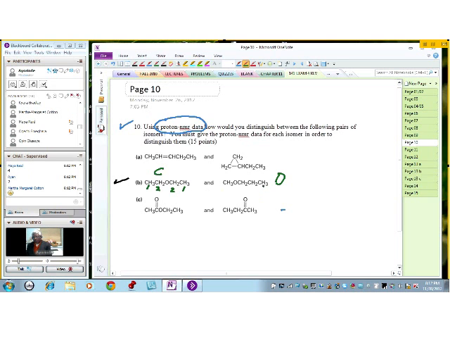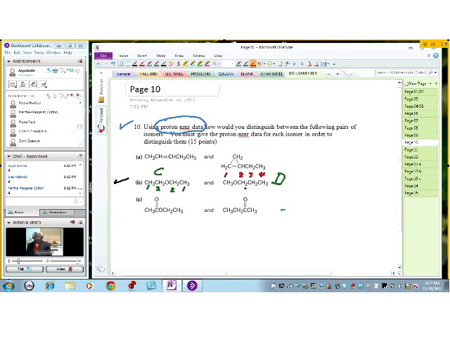Okay. Let us take a look at D. So about D, how many different types of hydrogen do you have here? 4. Okay, let us identify them. This is 1 set. This is 2. This is 3. And this is 4.